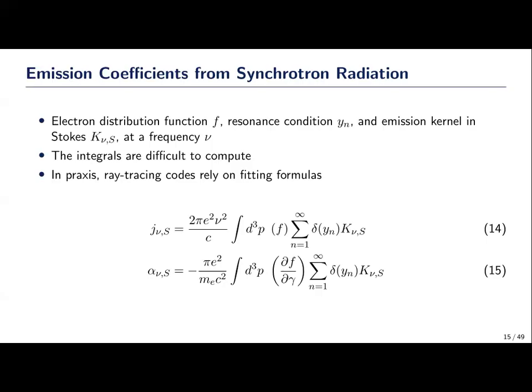So we have a three-dimensional Fourier transformation. But this thing is moving relativistically fast, and the gyro motion approximations don't apply, and then we have to use an expansion in Bessel functions, and this is very difficult. So in practice, we use fitting formulas, and even getting fitting formulas accurately is difficult. So also a topic of research.